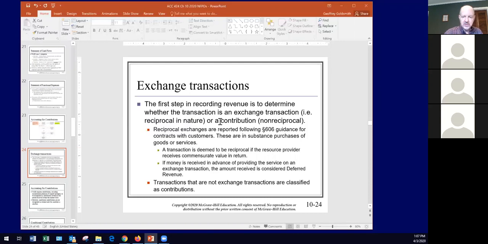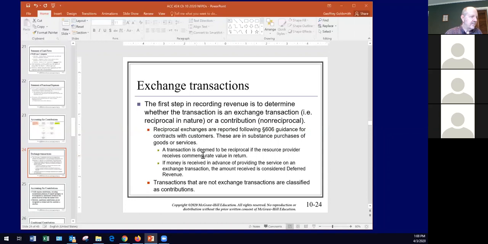then it's a contribution. Reciprocal exchanges are reported according to FASB and counted as revenue. It's reciprocal if the resource provider receives commensurate value in return.